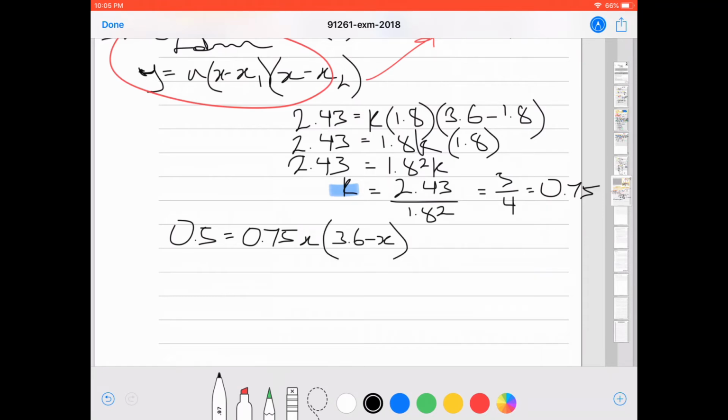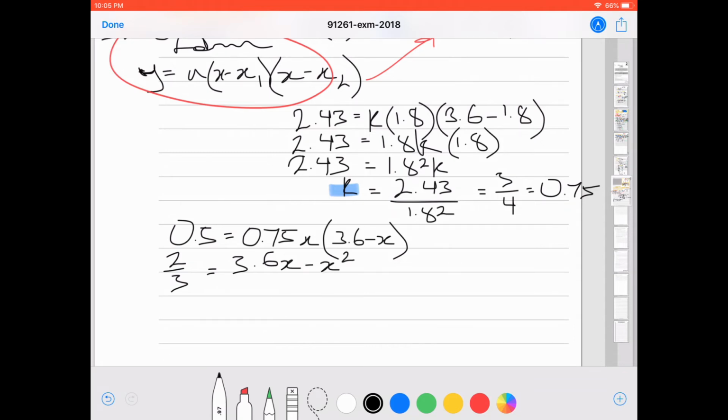We're going to go ahead and solve for x. The first thing we can do is divide 0.5 by 0.75. That equals 2/3. So 2/3 equals x times 3.6 minus x, and we can also expand these brackets here, right? So 3.6x minus x squared. We've got a quadratic here.